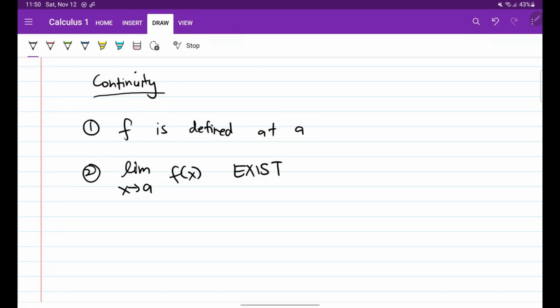So, dapat kapag tinik natin yung limit, meron tayong makukuha na value. Okay? And lastly, dapat limit as x approaches a of f of x is equal to f of a. Okay? Meaning, we can just simply substitute the value of a sa f of x and equal dun yung limit.